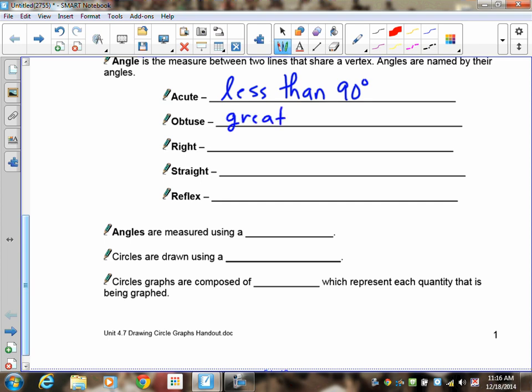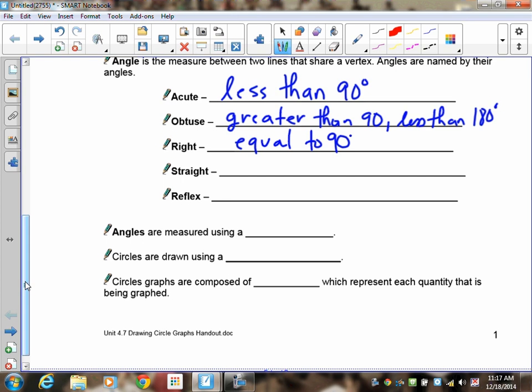So this one falls between 90 and 180. A right angle is equal to 90 degrees. So we have the three angles which are based on 90s. Acute being less, obtuse being greater, and a right angle being equal.